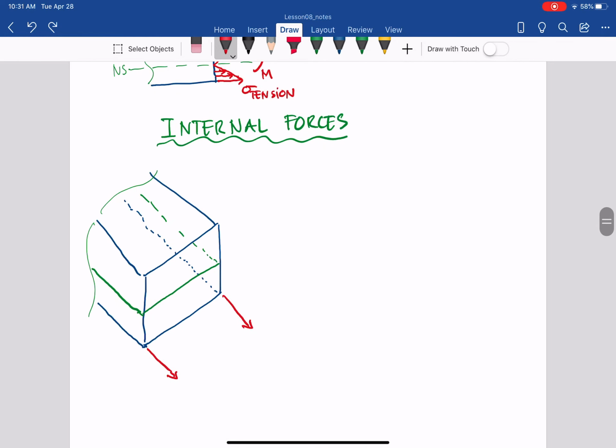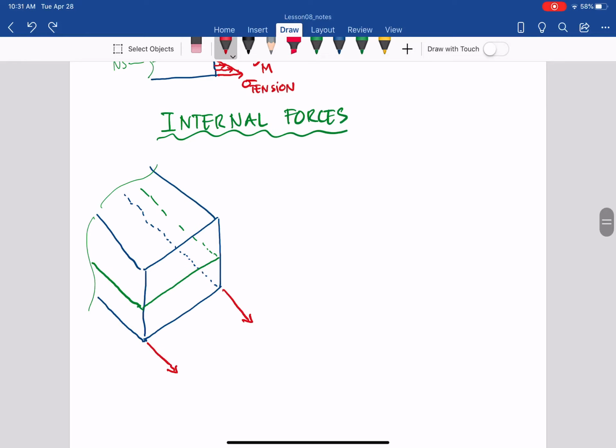Similarly, we have the maximum at the outermost fiber and 0 at the neutral surface.